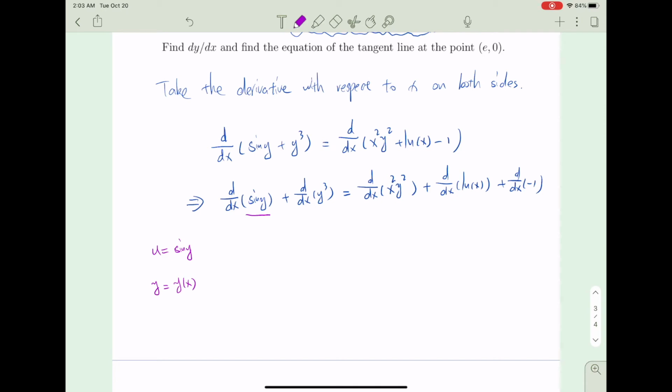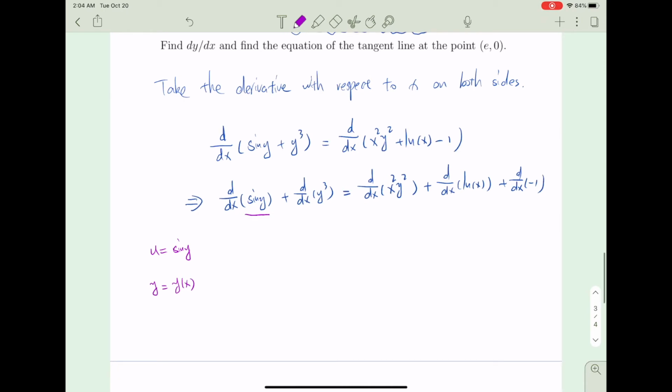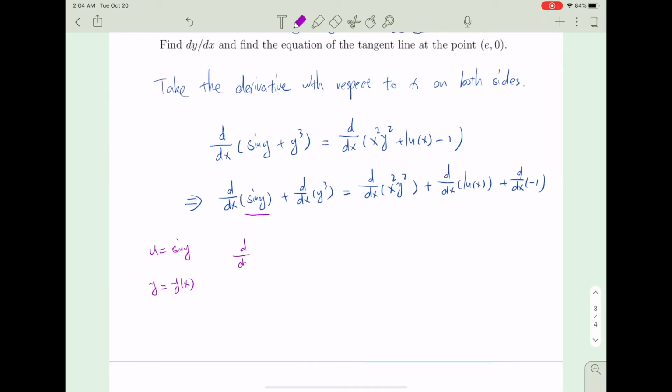Well, we don't know what this is, it's implicit. So this d over dx of sine y is actually d over dx of u, which is du over dx, right?